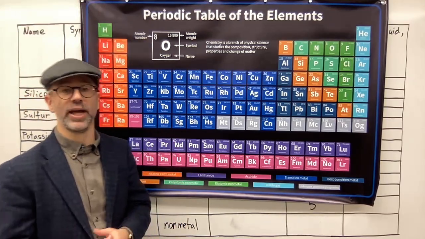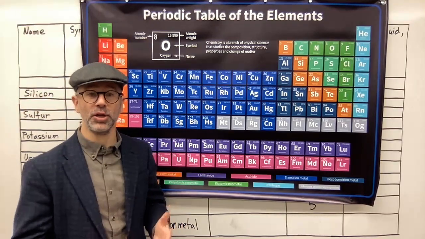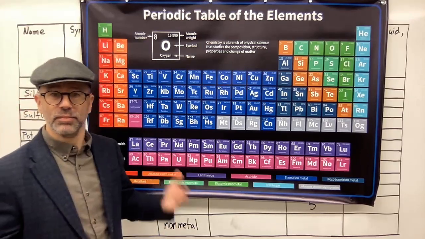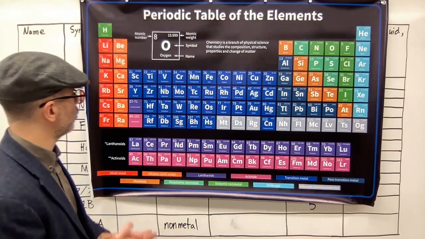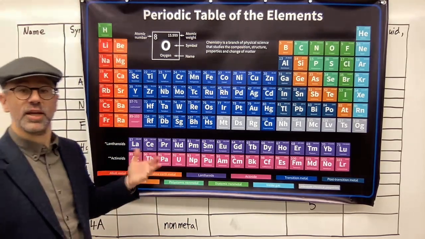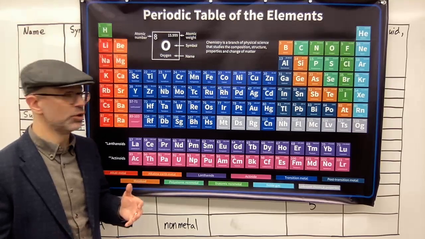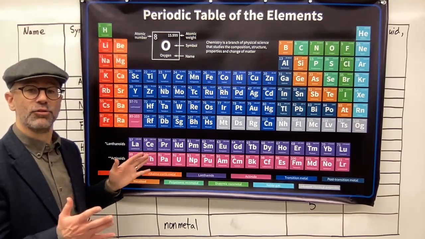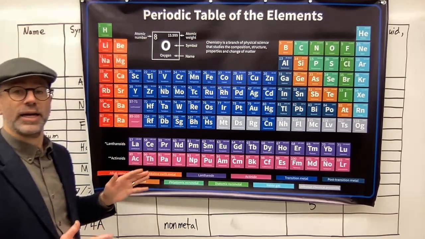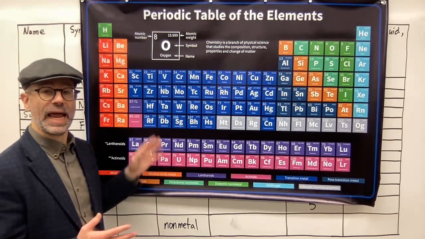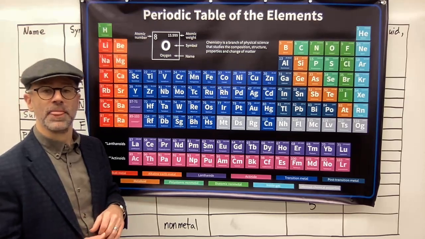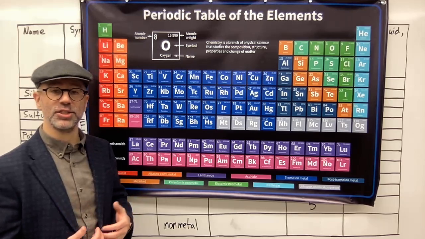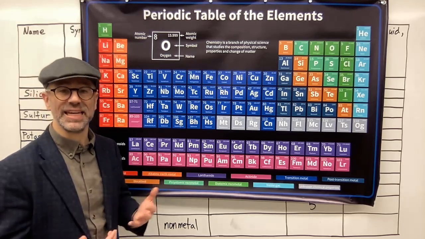The older way of numbering the groups is one you should be familiar with, and it's probably used more often than the other numbering, but the IUPAC is becoming more popular as well. The older way of numbering is to divide this table into two different groups, the A groups and the B groups. The A groups are referred to as your main group elements or your representative elements.